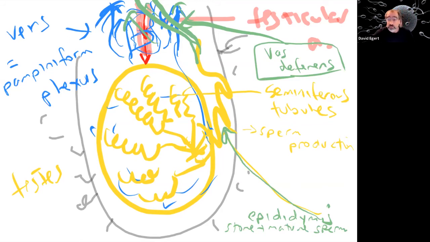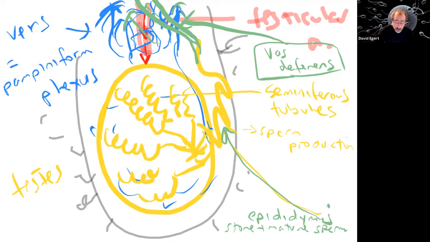So when we talk about ejaculation, we're going to talk about things from the prostate gland that mix in to wake the sperm up, get them swimming and stuff. When a sperm is first ejaculated, it actually can't fertilize an egg. It takes a while. There's this process called capacitation where the sperm wake up and become fully viable.